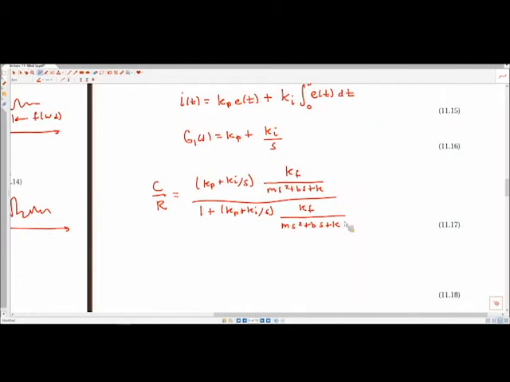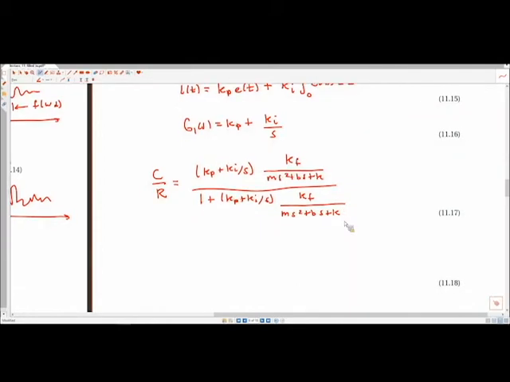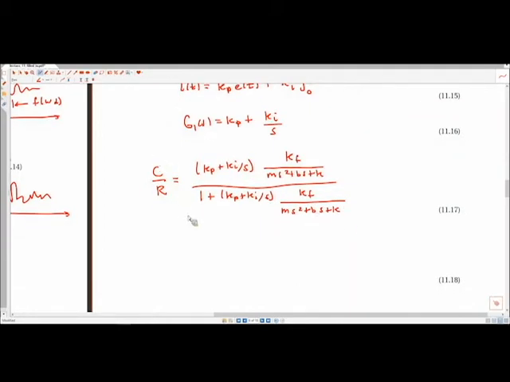Okay, and then simplifying this. So multiplying top and bottom by ms squared plus bs plus k like we did in the last example.